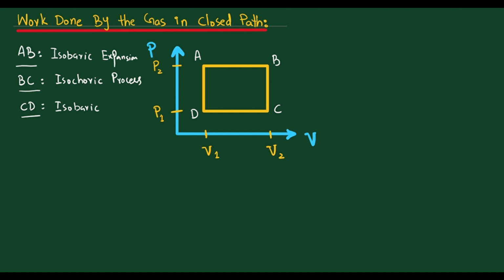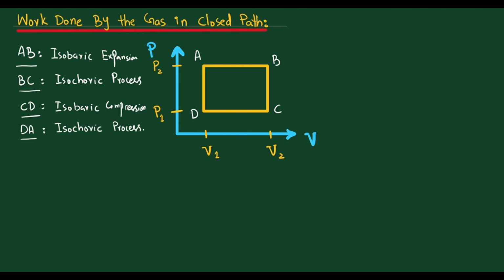C to D is isobaric compression, and then D to A is an isochoric process. And we made a cyclic process, a closed path in the pressure-volume diagram.